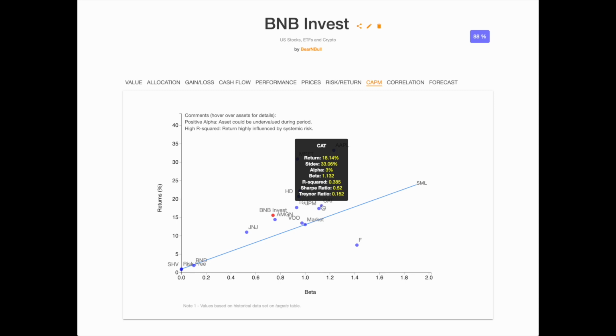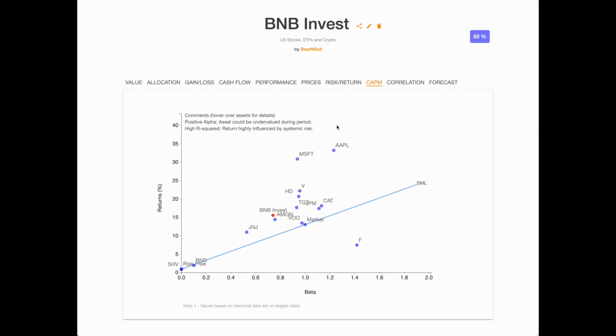For an R-squared closer to 1, a lot of that difference is represented by the beta and systematic risk. So you could say more certainly that the asset might be overvalued or undervalued. For R-squared closer to 0, there seems to be other factors involved, so you couldn't be so certain about that.